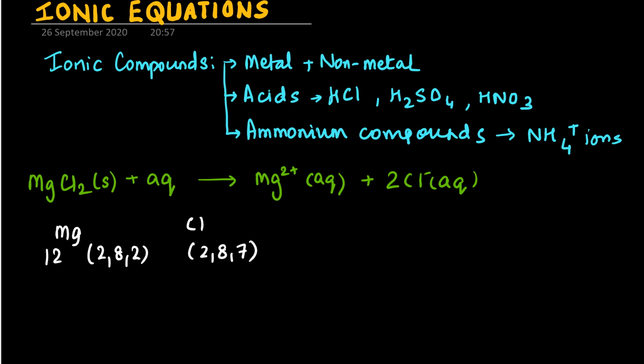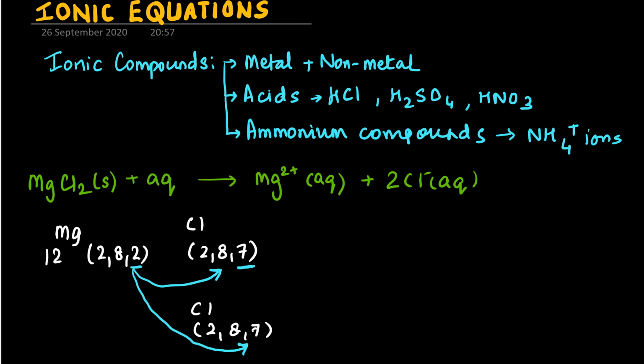Magnesium wants to lose its 2 electrons, while chlorine just wants 1 electron. So one of the electrons will go to one chlorine atom, and there is another chlorine atom with electronic configuration 2,8,7. The second electron is given to this chlorine atom.